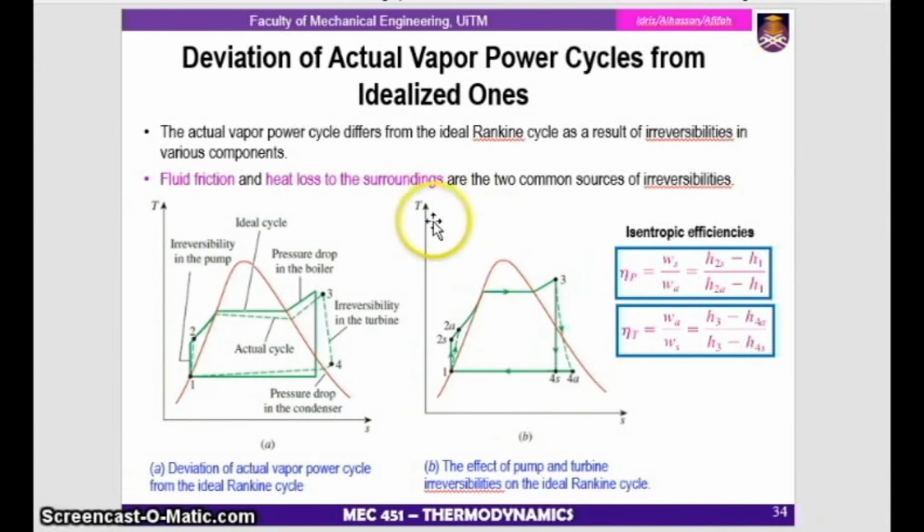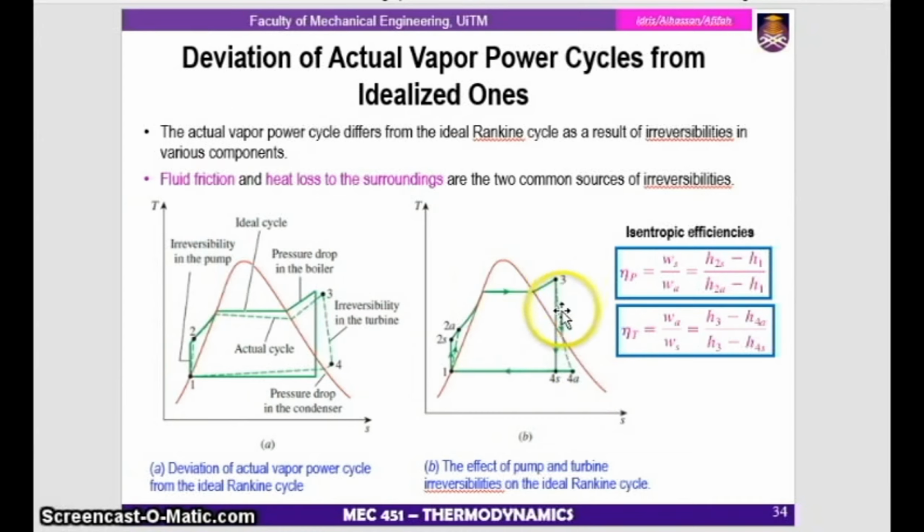Okay, look at this T-s diagram. When you want to do the calculation, you have to find 2a if you base it on the compressor, and also 4a if you calculate based on the turbine.